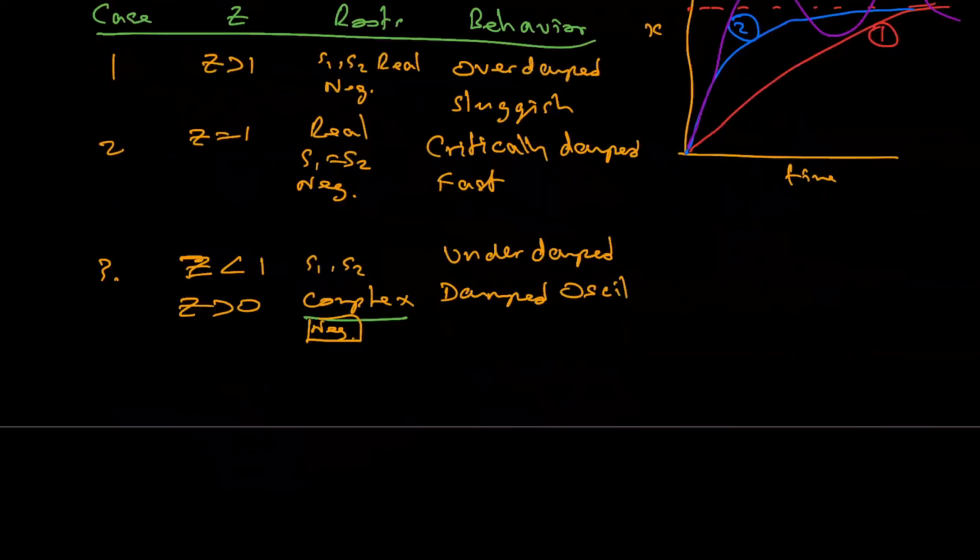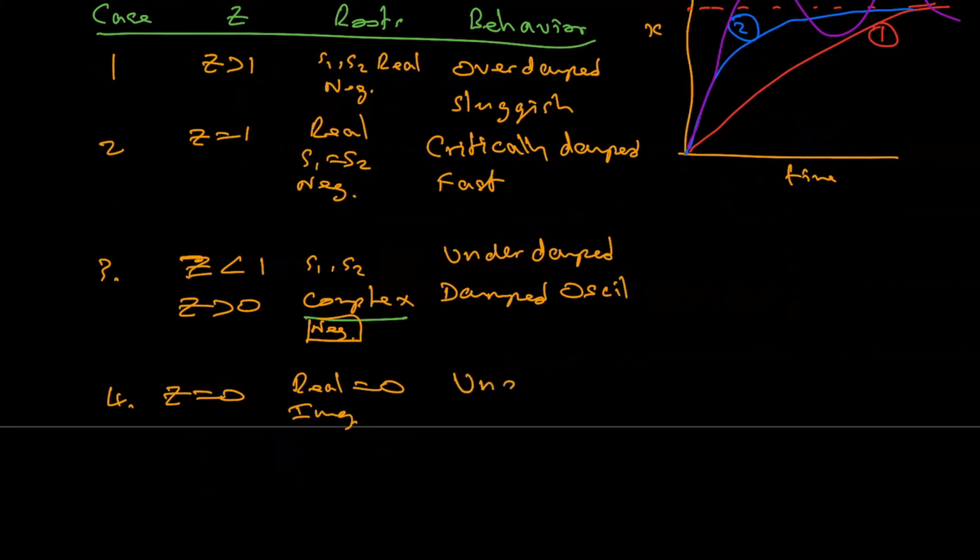In fact, in case 4, when zeta does equal 0, the real parts are 0, and you're only left with an imaginary part, two conjugates. The technical term for this one is undamped. So this is the equivalent of center, which we saw when we were looking at the eigenvalue behavior. I'll draw a separate plot here for this one.